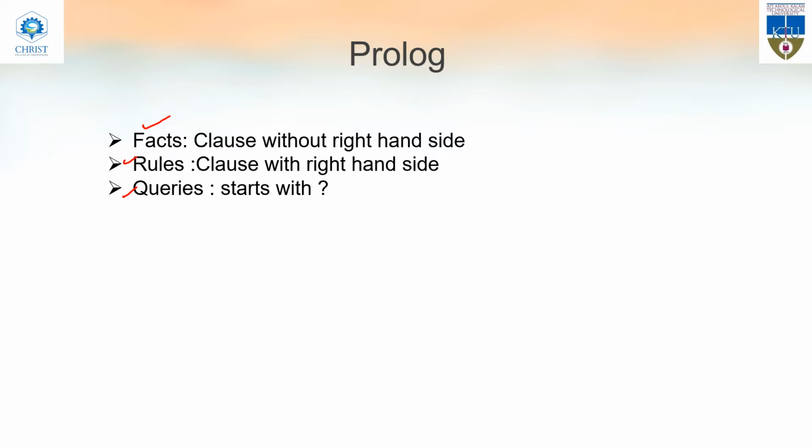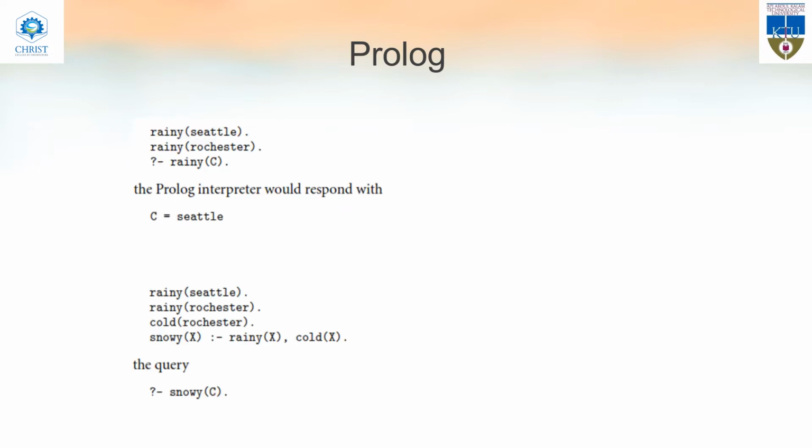A fact is a clause without a right hand side. Rules are clauses with a right hand side. Queries start with a question mark. If you don't understand yet, you will understand when we look at the example.